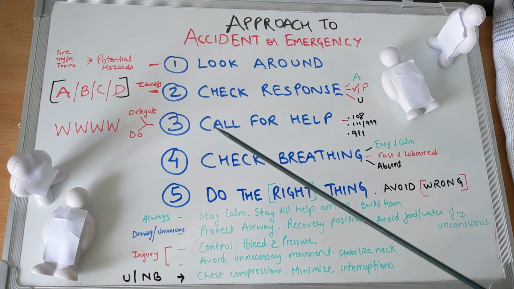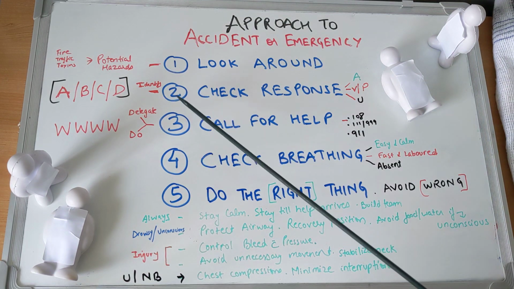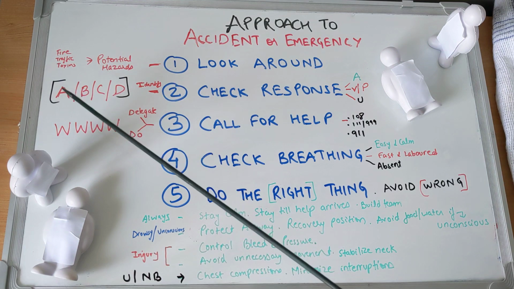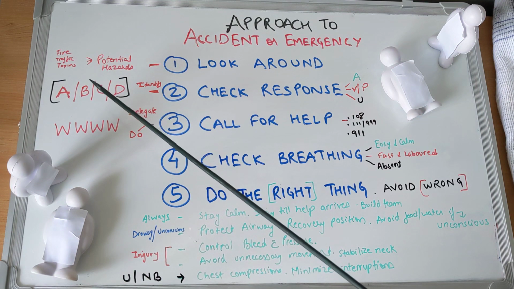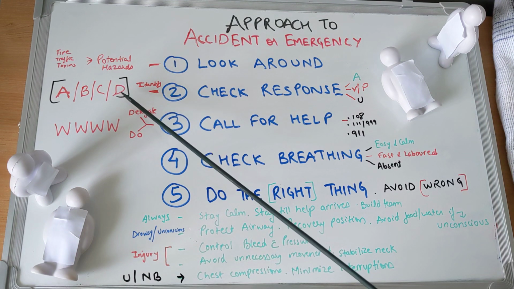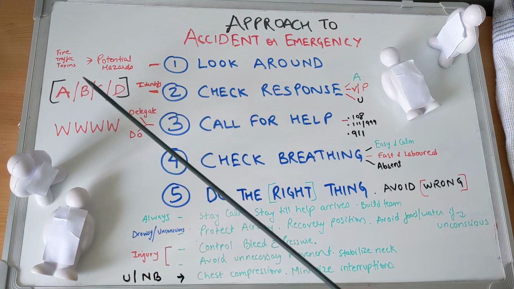So a person who is alert and talking to you in a normal manner means that their airway, the passage of air from your mouth and nose to your lungs, is okay. That is airway.